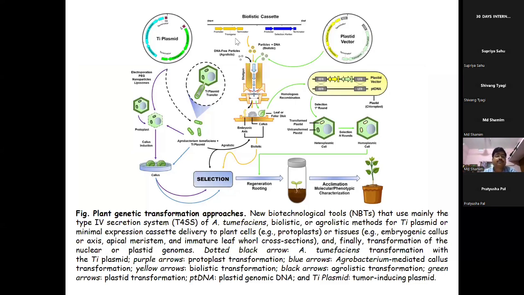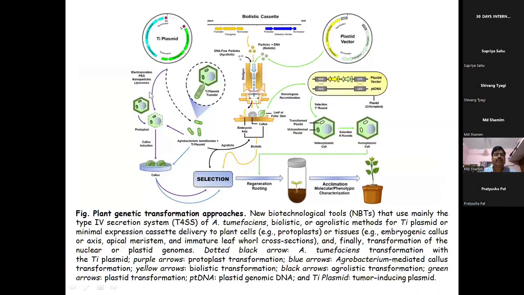We can identify a specific gene, then insert that gene into the Ti plasmid, and then transfer it to the host with different methods, either with the help of the Ti plasmid or direct gene gun methods. Then we can select the putative transgenics, and after that go for different screening, and then release for commercial cultivation.